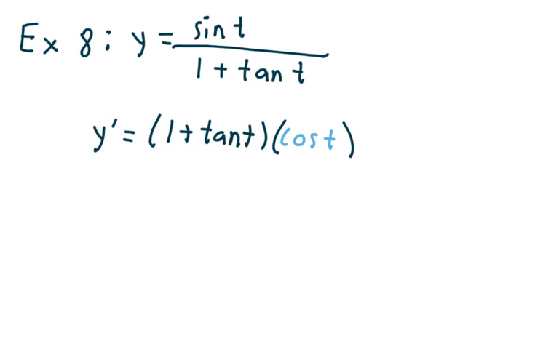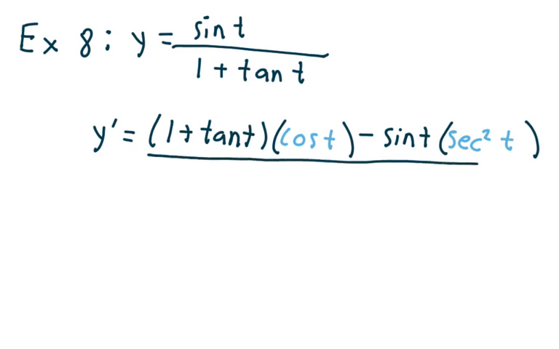And then I'm going to go minus sine t, and I'm going to multiply by the derivative of the bottom, which is secant squared t. And then I'm going to divide by 1 plus tangent t squared.